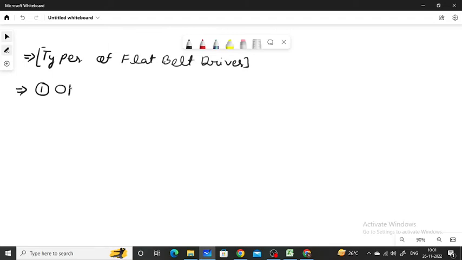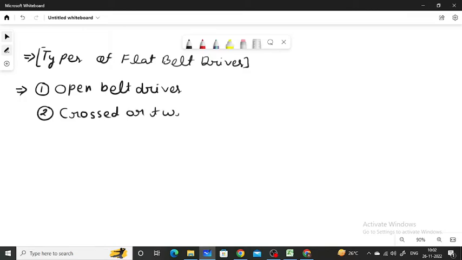In last lecture, we have discussed about the open belt drive, second crossed or twist belt drives, third is quarter turn belt drive.